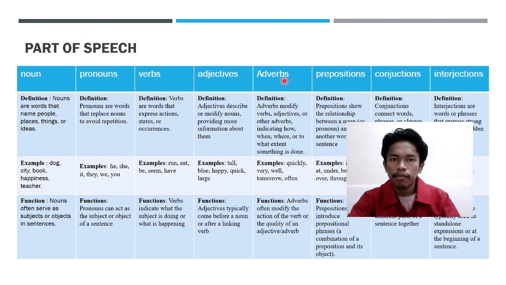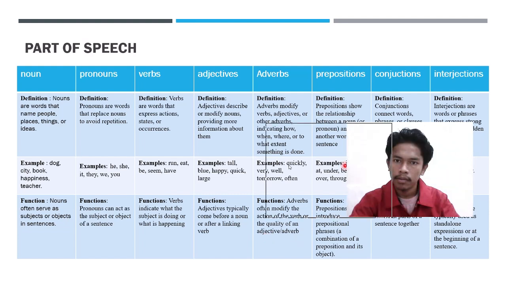Adverbs modify verbs, adjectives, or other adverbs, indicating how, when, where, or to what extent something is done. Like quickly, very, well, tomorrow, often. Adverbs often modify the action of the verb or the quality of an adjective or adverb. Next, preposition.